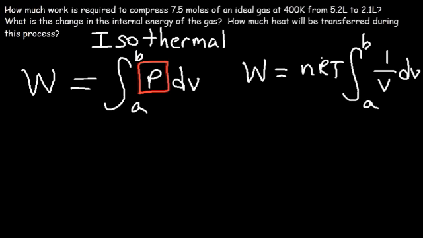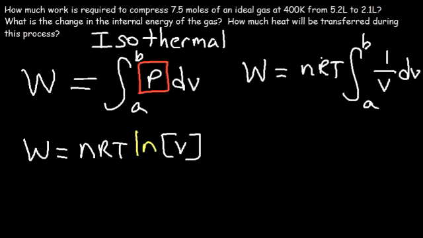So if the antiderivative of 1 over x is ln x, the antiderivative of 1 over V is going to be the natural log of V evaluated from position A to position B, where position A was the initial volume and position B was the final volume.